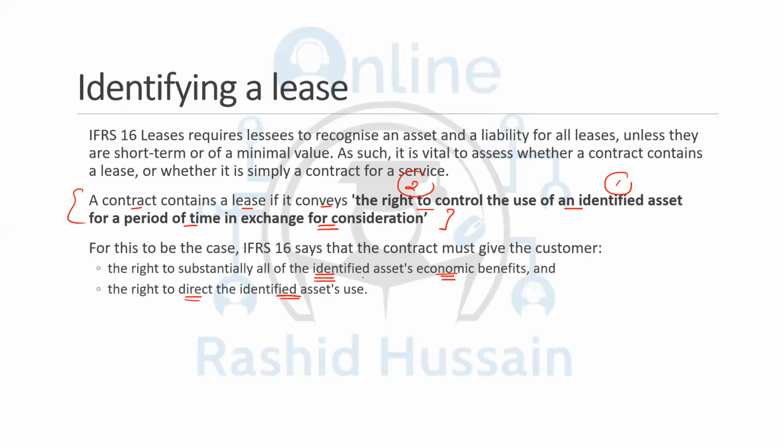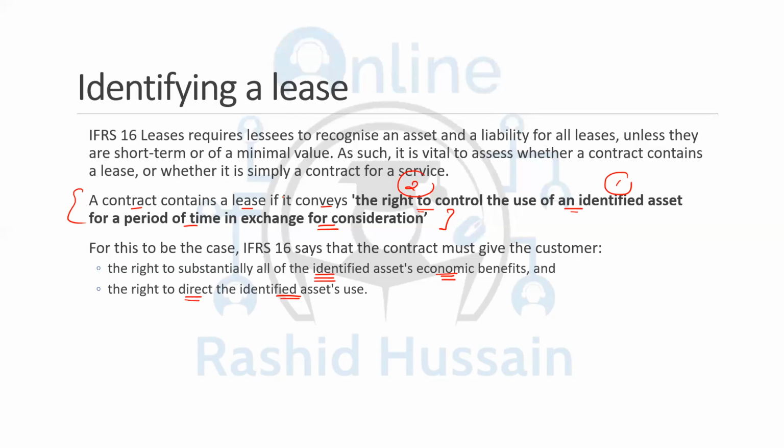So in order to classify a contract as a lease, first of all, there should be an identified asset, meaning the asset or assets should be specifically mentioned within the contract. And the second thing is the right to control, meaning all the economic benefits belong to the lessee, and the lessee has the right to direct the use of the identified asset. The lessee will decide how the asset will be used.